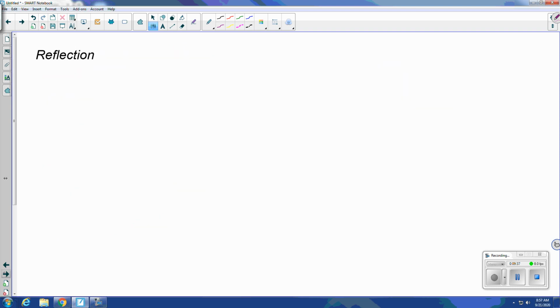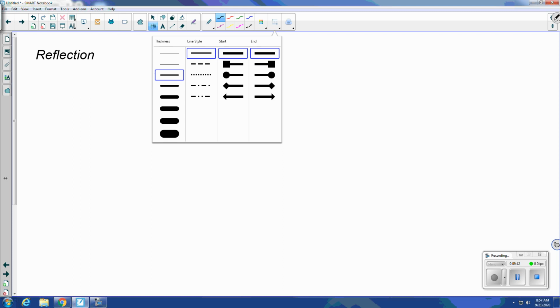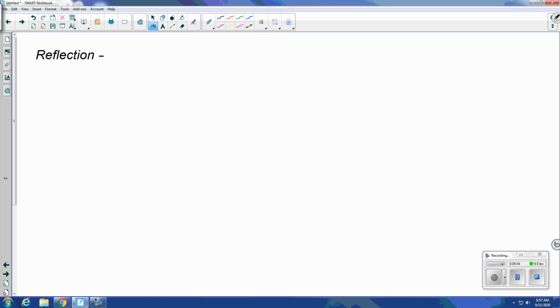Now let's jump over into the next type of transformation, which is the reflection. The reflection is going to be a flip over some line, which is going to place the point in a mirrored position, which means if it's in a mirrored position, it should be equidistant.